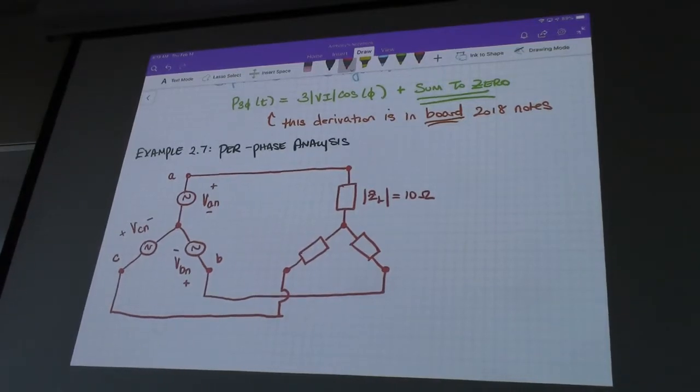All right, so I want to be very explicit about the values that they give us.